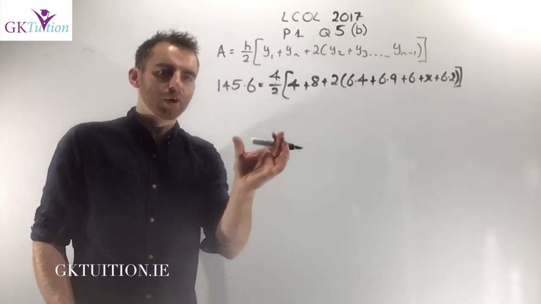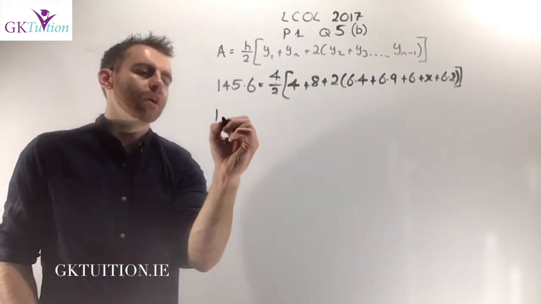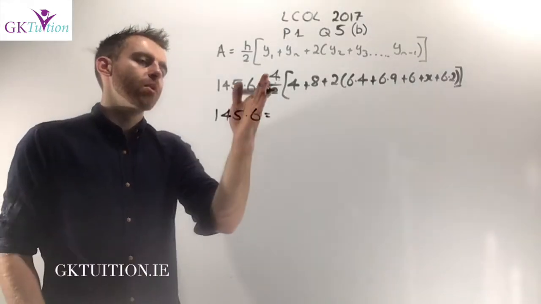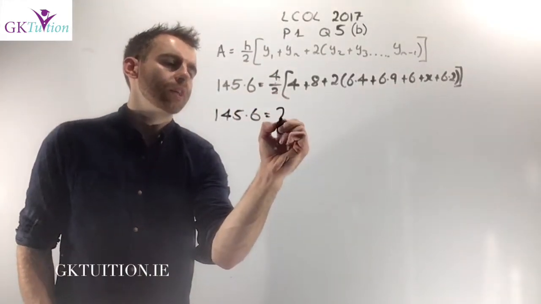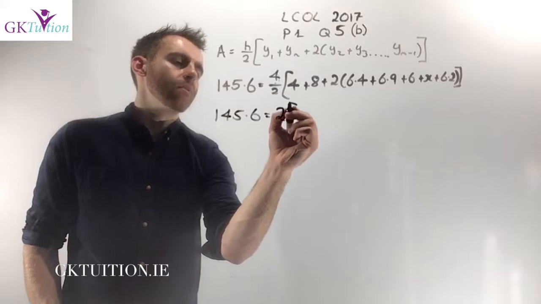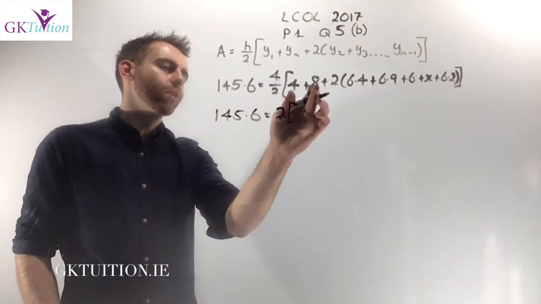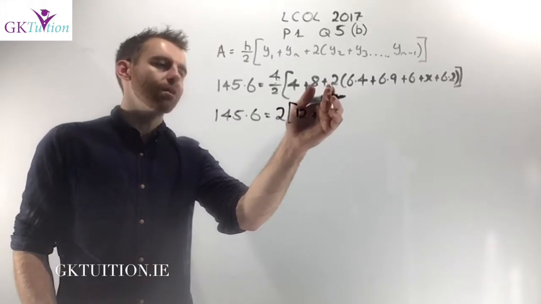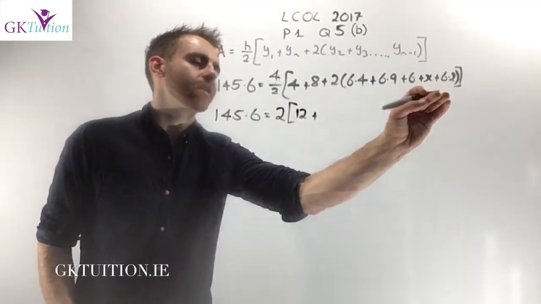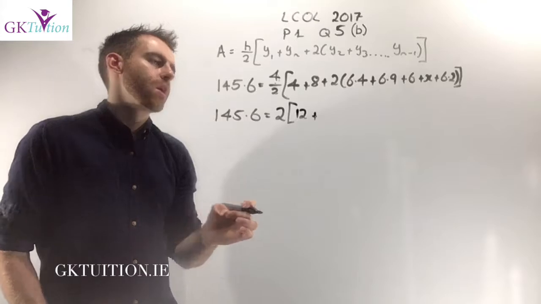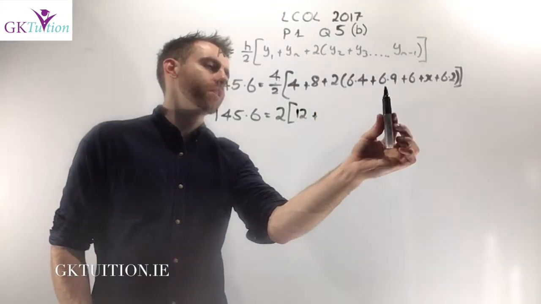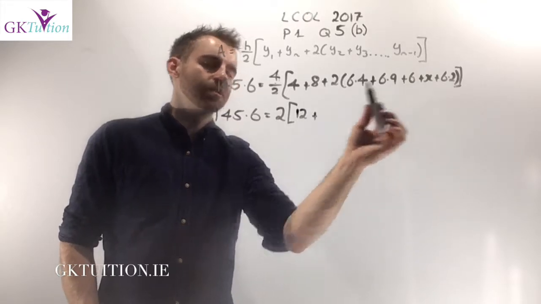So let's just start working our way through it. For the moment, obviously, there's nothing you can do with the left-hand side. You just leave it as it is. 4 divided by 2 gives me 2. And now in my brackets, I could add the 4 and the 8, and that would give me 12. But I can't add the 2 as well, because I need to multiply the 2 by everything in this bracket first. So inside this bracket, I have 6.4 plus 6.9 plus 6 plus 6.2.